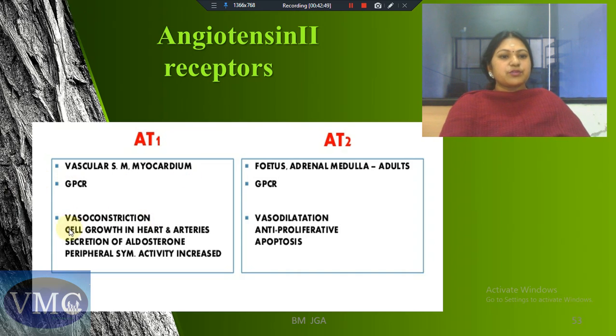This causes vasoconstriction, cell growth in the heart and arteries, that is cardiac remodeling, secretion of aldosterone, and increased peripheral sympathetic activity. If it acts on AT2, it causes vasodilatation, anti-proliferative action, and apoptosis.